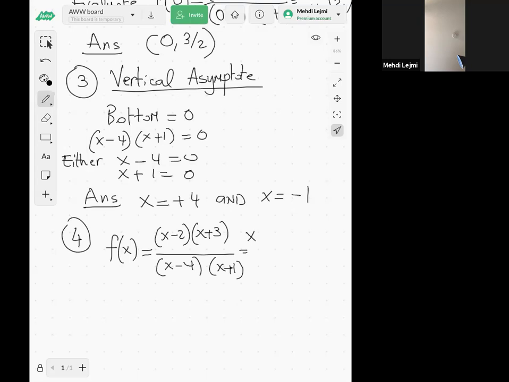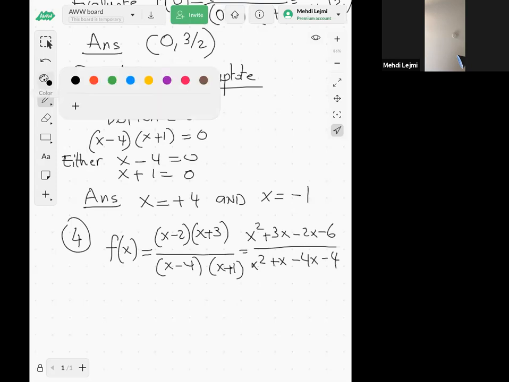So it's x times x, x squared, plus 3x minus 2x minus 6, over same thing, x squared plus x minus 4x minus 4. So the top, the highest power of x is 2. The bottom, the highest power of x is 2, so they are equal.